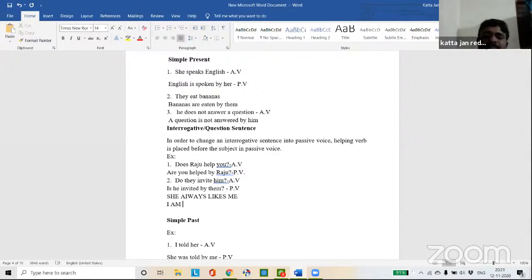And next step, V3 is used. V1 should be turned into, or V5 should be turned into V3. Liked. I am liked. After V3, by. After by, subject she becomes her. Then where we should write always?